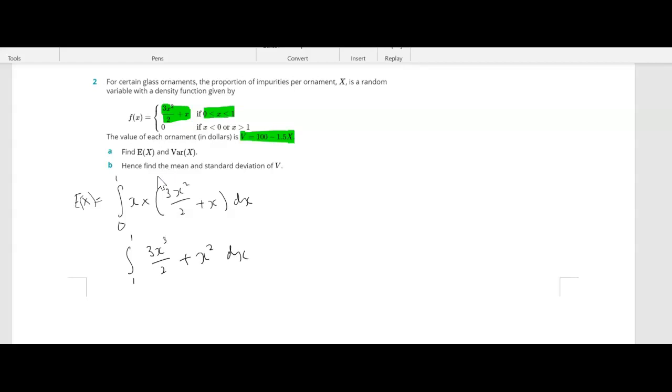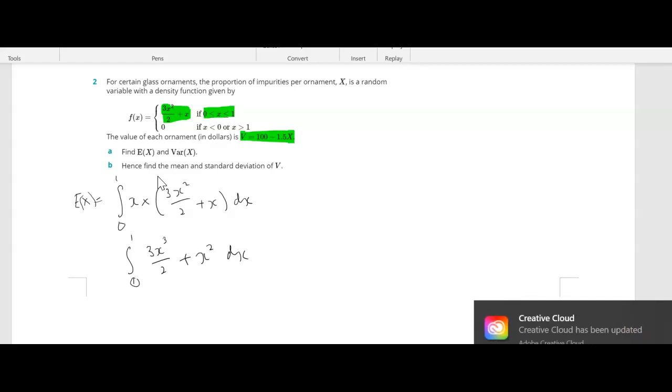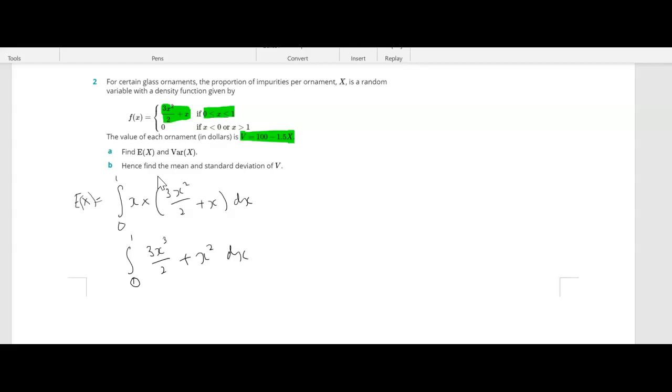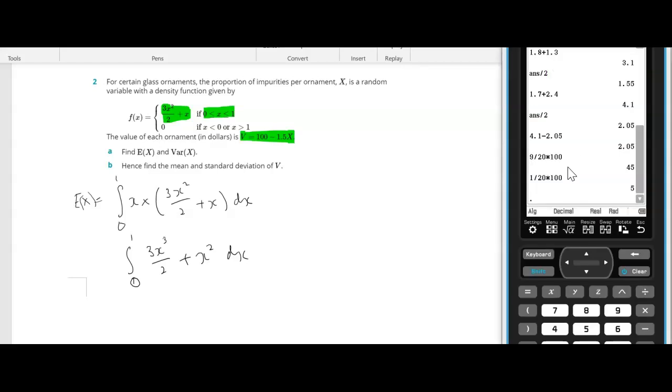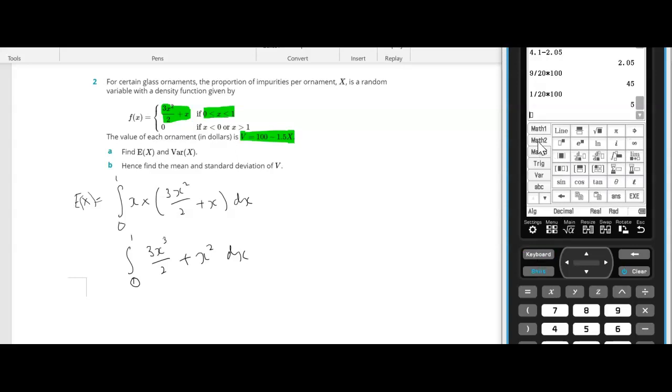All right, so you can just do that. Oh, sorry, that should be a 0. So you can just do that by hand or on your calculator. Just because I'm a bit short on time, I'm going to do it on the calculator. Okay, so I'm doing the non-expanded version.